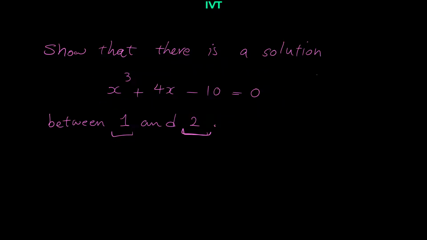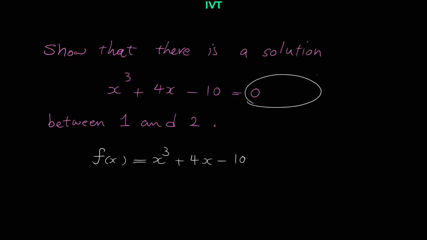Now let's see how we can use the IVT, intermediate value theorem, to prove this. The first thing to do to answer these types of questions is to name the expression something like f of x. We need to have a function. So we suppose f of x to be x to the 3 plus 4x minus 10. And attention, if here we had an expression on the other side, always move everything to one side of the equation and then name it f of x.